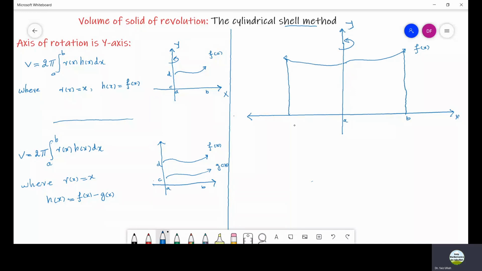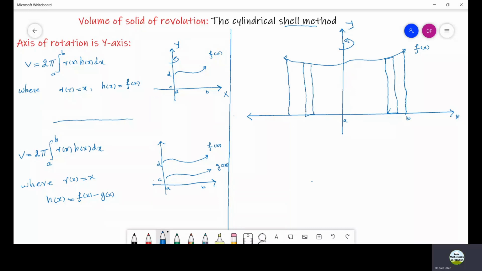Now, the area below the function f of x and above the x-axis from x is equal to a to x is equal to b can be divided into cylinders. Let us make the first cylinder. This is some part of the cylinder. I am drawing this on the next slide like this one.